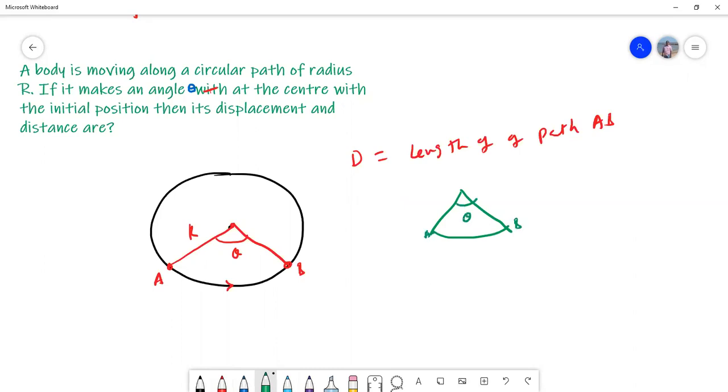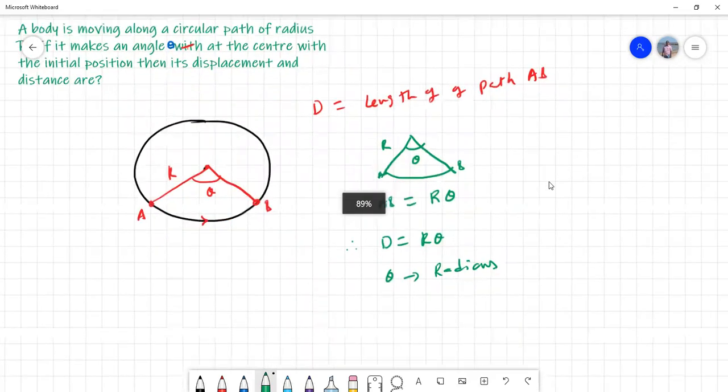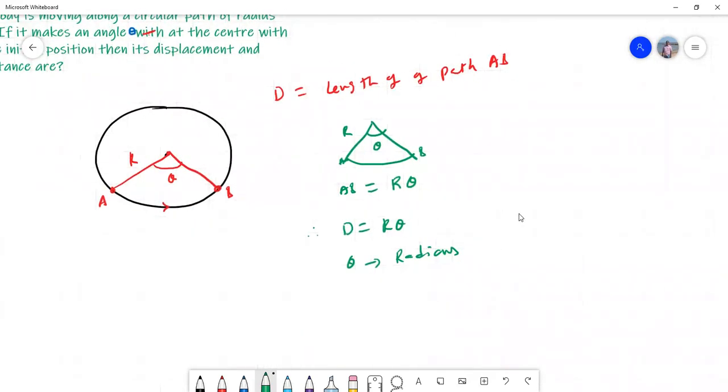This is theta, this is R. So what is the length of the sector? Length of the sector AB is equal to R into theta. Therefore, distance is equal to R theta. Remember, theta should be in radians. Distance is nothing but the length of the actual path.